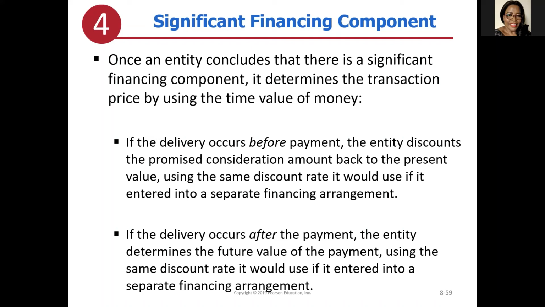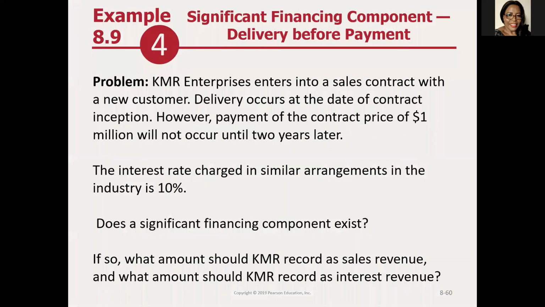An example of a contract with a significant financing component is presented in the next slide, 8.9. And in example 8.10, it will provide you with an illustration of a scenario in which the delivery occurs after the payment. So in example 8.9, we have a problem whereas KMR Enterprises enters into a sales contract with a new customer.